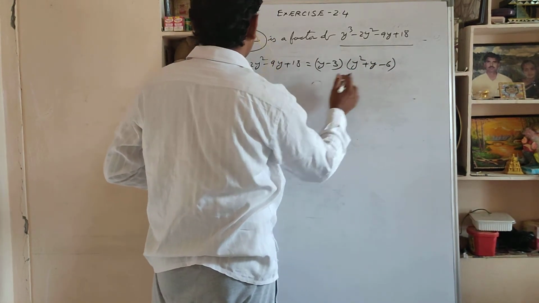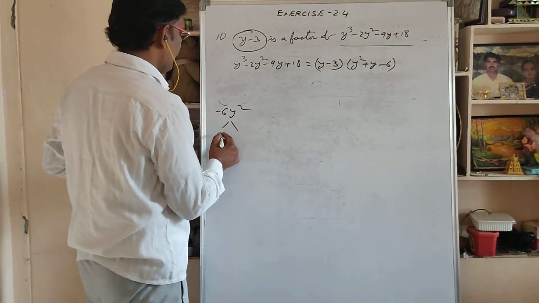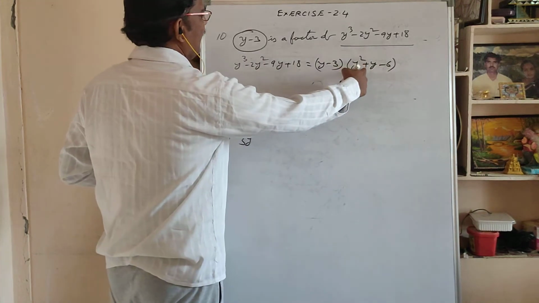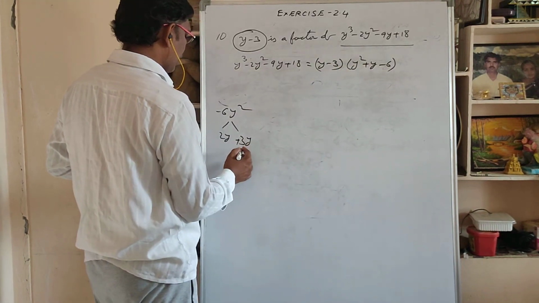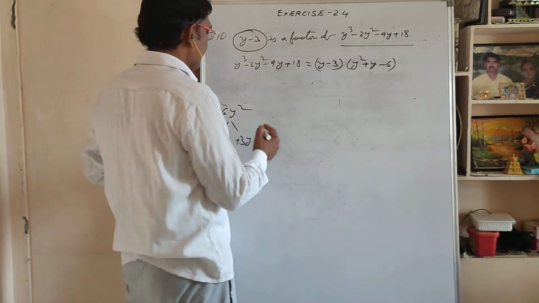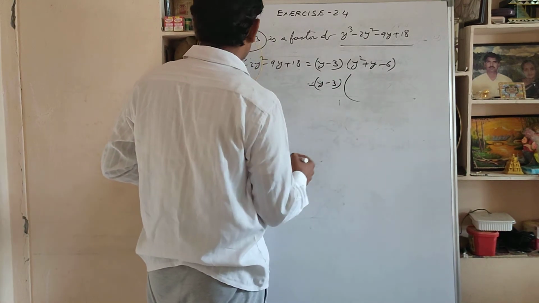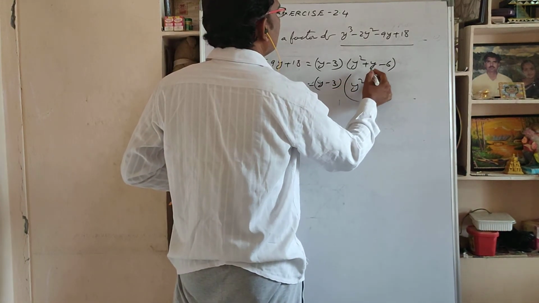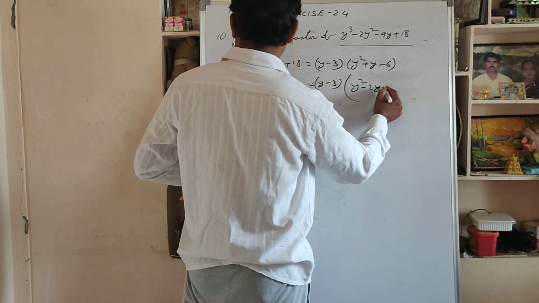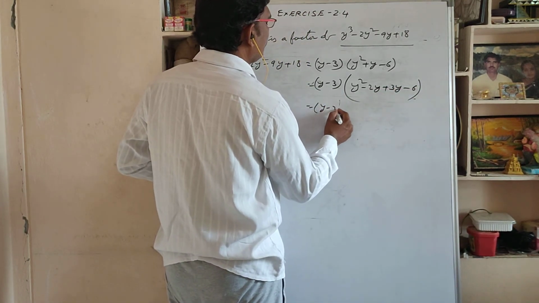First and last if you multiply you are getting minus 6y square. Okay. So I am writing 2 and 3, y and y. For middle you have positive number. So for bigger number positive, smaller number negative. Then this y minus 3 as it is I written, brackets open, y square as it is, but instead of plus y, I am writing here minus 2y plus 3y minus 6. Now again y minus 3 same.